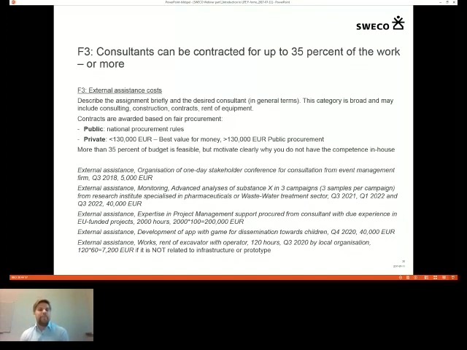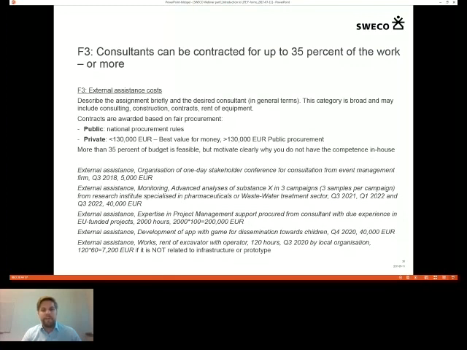It says clearly in the application guide that maximum 35% of the budget should be on external expertise or external assistance, but you shouldn't take this rule too strictly, because as long as you clearly motivate that you do not have the competence required in-house, it will be possible to go over those 35%.